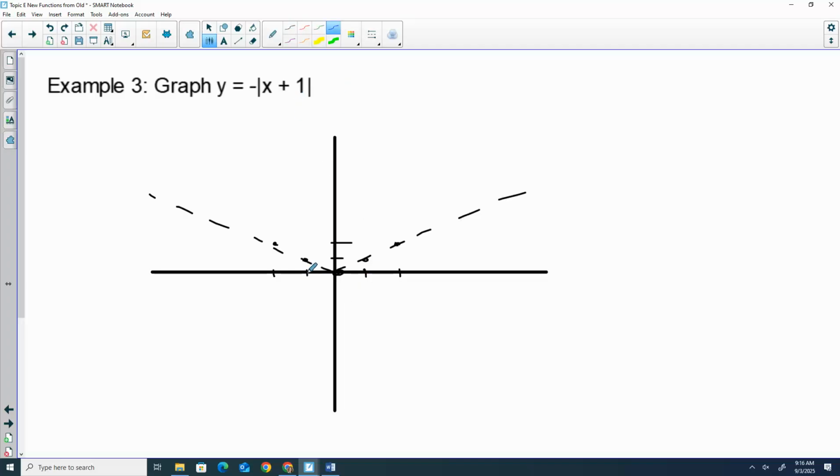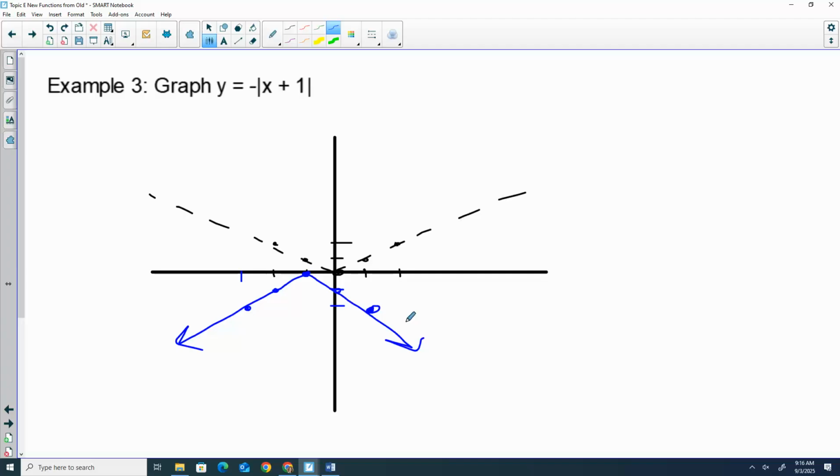So we're going left and flipping. Pretend I hit my point there. Make it bigger. We'll be fine.